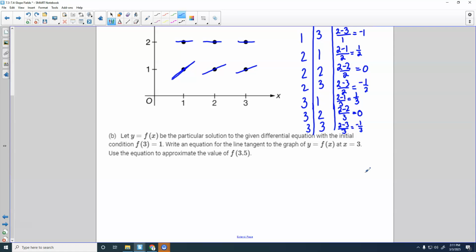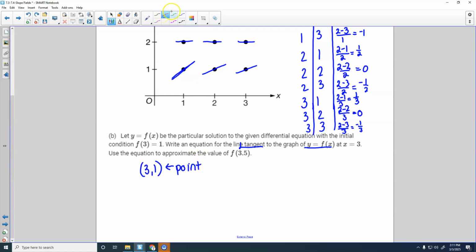Write an equation for the tangent line to the graph of y equals f of x at x equals 3, and then we're going to use that to approximate f of 3.5. So it's a tangent line to the graph of y equals f of x. So we're thinking about the solution that goes through the point. They're giving us the point 3, 1 here. That's our point.